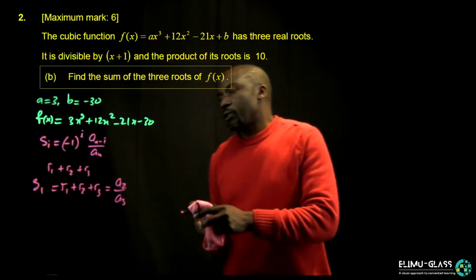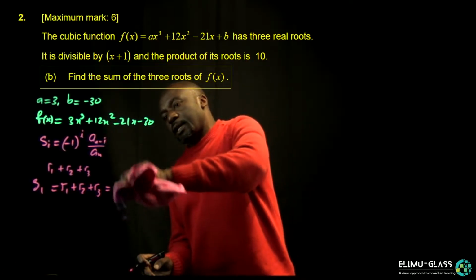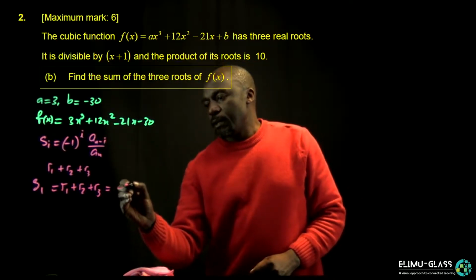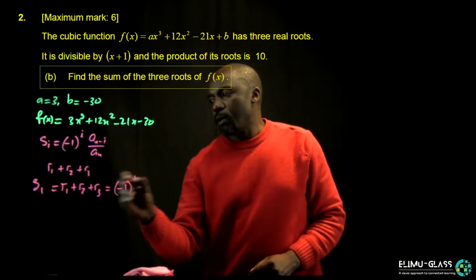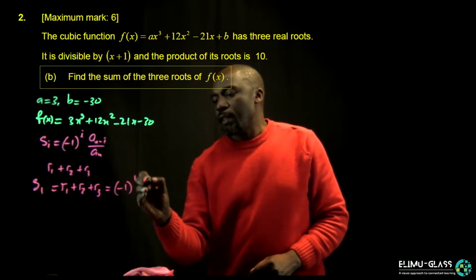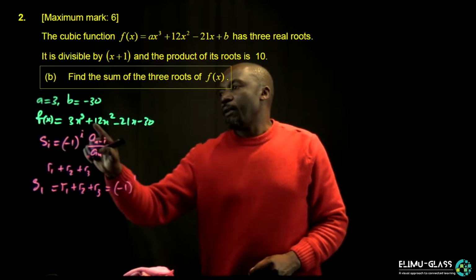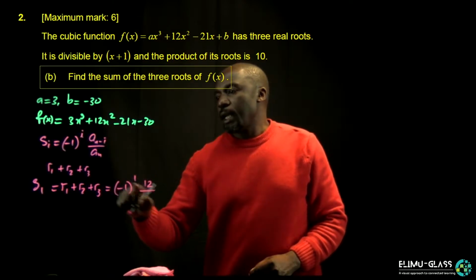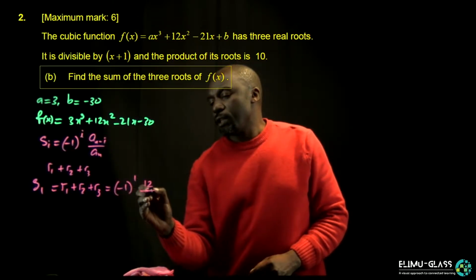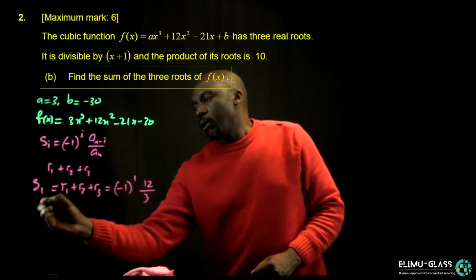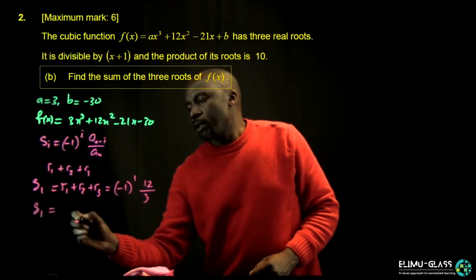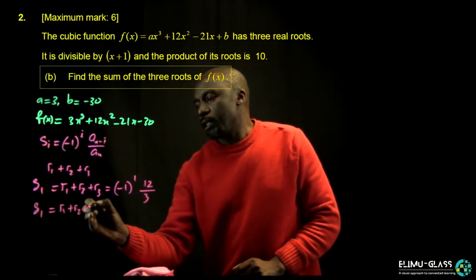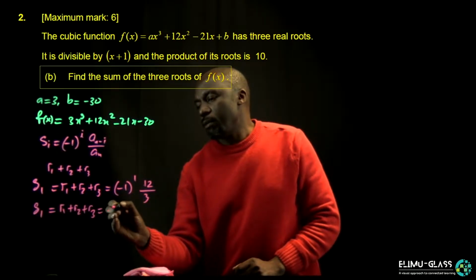As a matter of fact, we should write minus 1 power 1 for that, and then this is a2, and our a2 is 12, so this is 12 divided by a3, which is 3. And so the sum of the roots, R1 plus R2 plus R3, has to be minus 4.